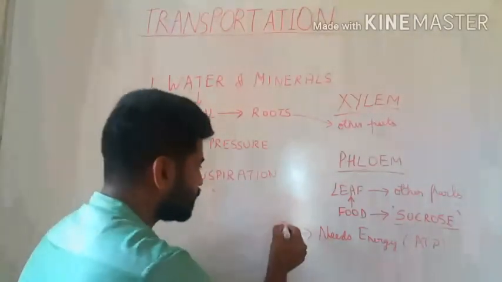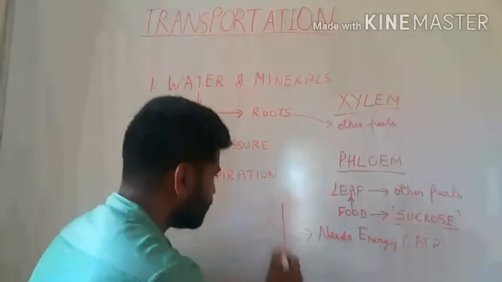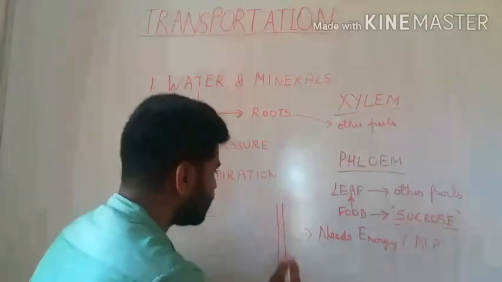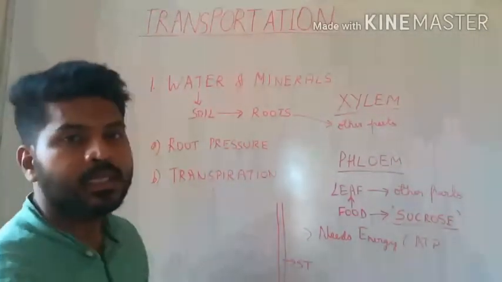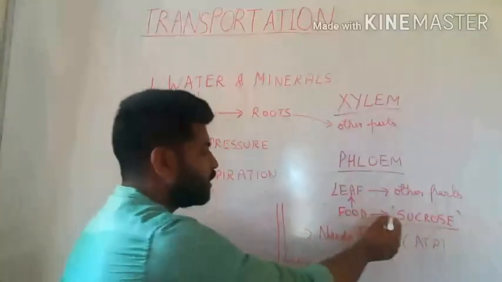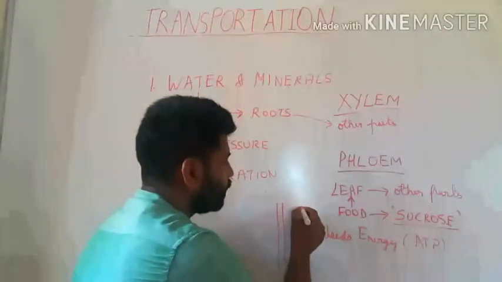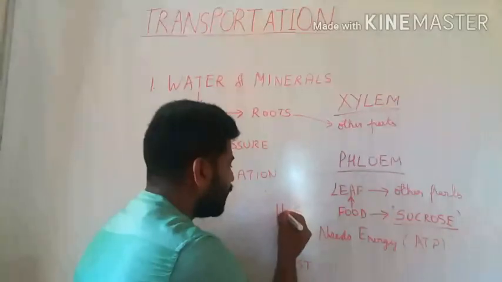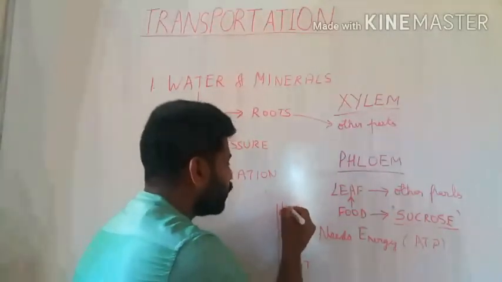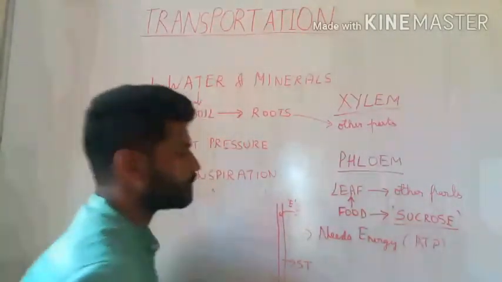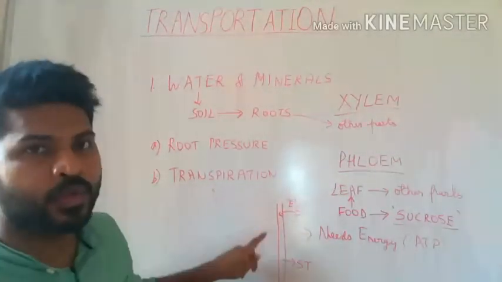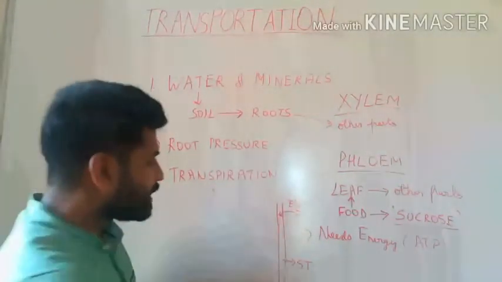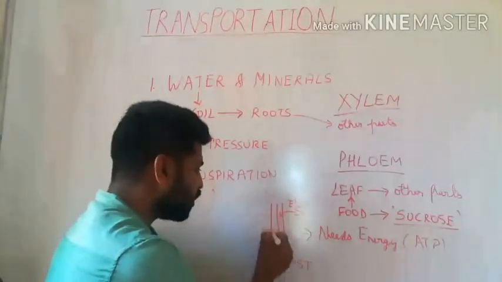So what happens is, let us assume that this is our sieve tube, and the sucrose is now pumped into the sieve tube using energy, ATP. Besides the sieve tube, we have the xylem also.